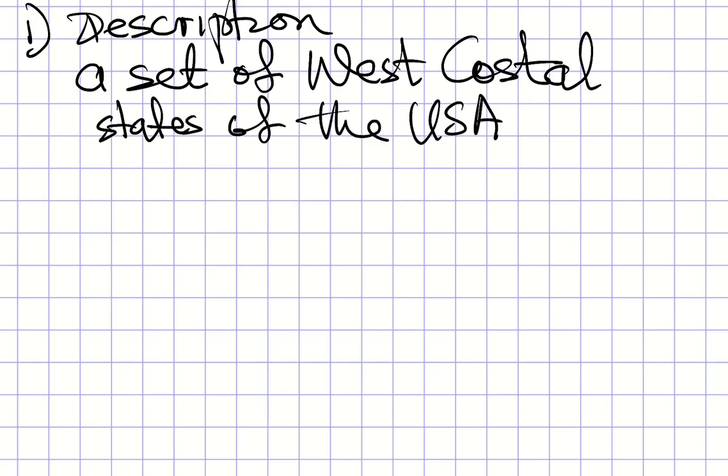Okay, so we can call that set, we'll call it set A, right? We can call it set A. Set A is a set of West Coastal states of the United States, right?